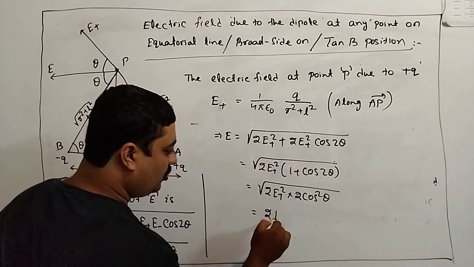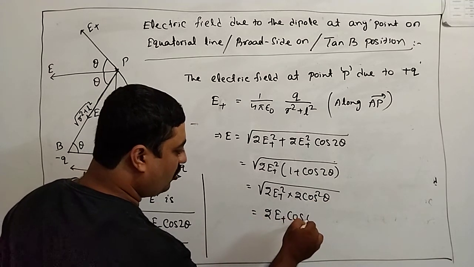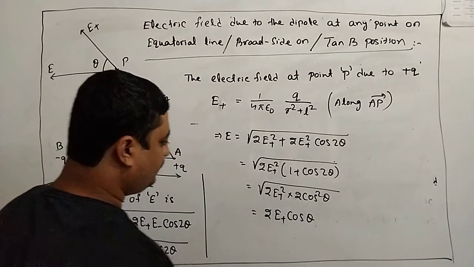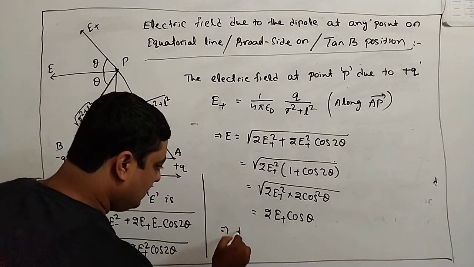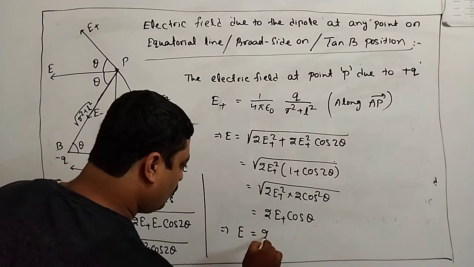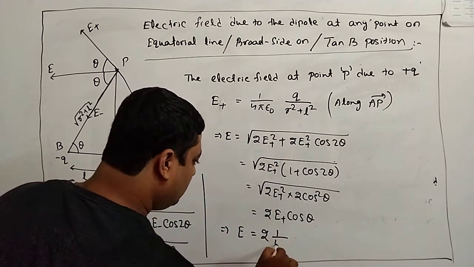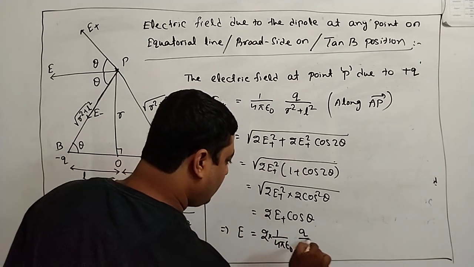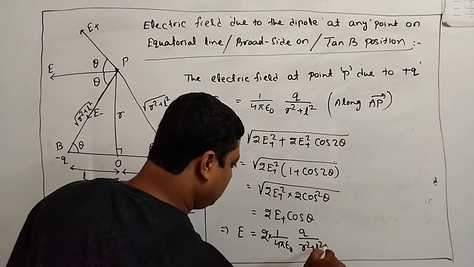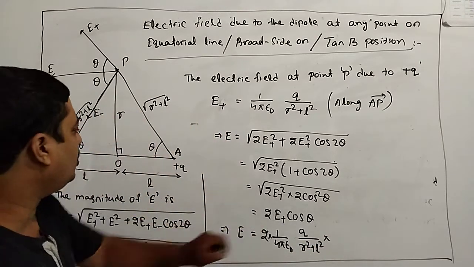So it is 2E+ cos θ. That implies E equal to 2E+ cos θ, which is 1 by 4πε₀ Q by (R² + L²) into cos θ.